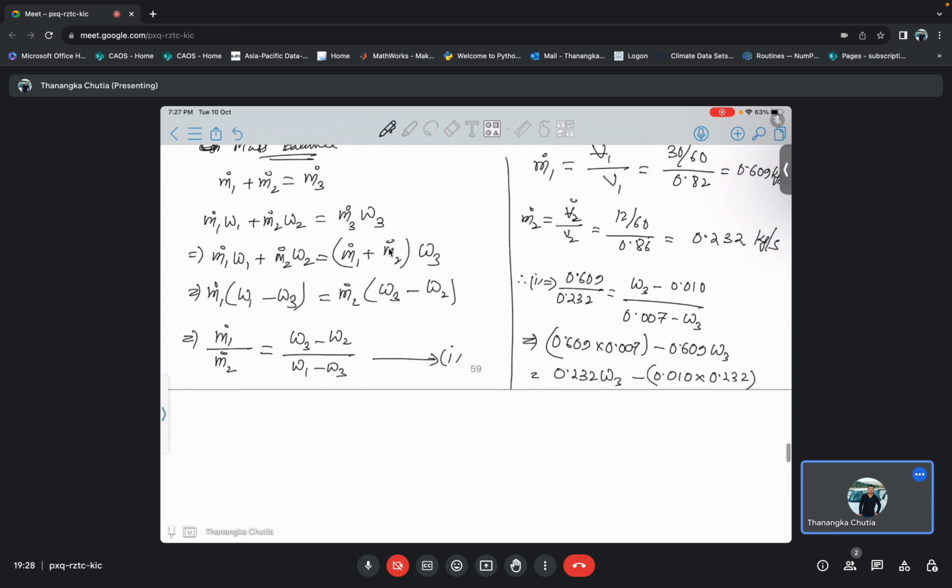So therefore W3 will be equal to 0.609 into 0.007 plus 0.010 into 0.232, divided by 0.609 plus 0.232, in kg per kg of dry air.